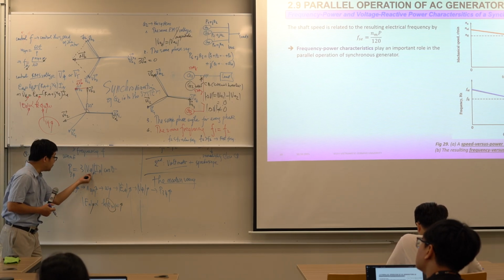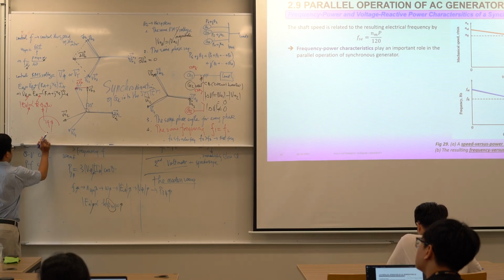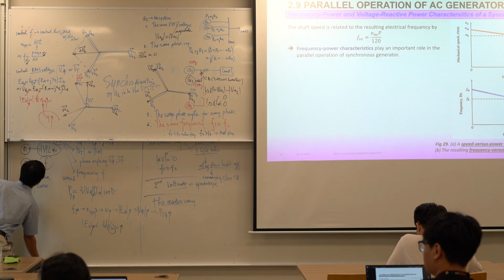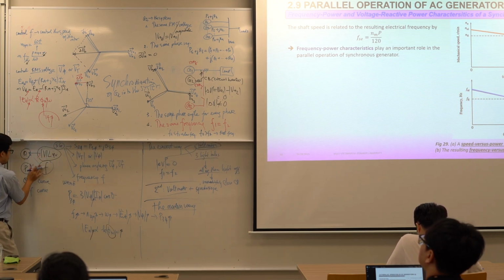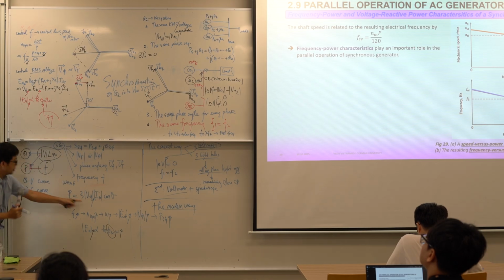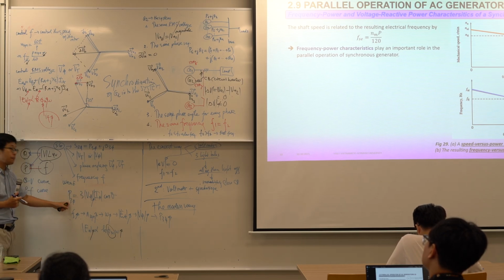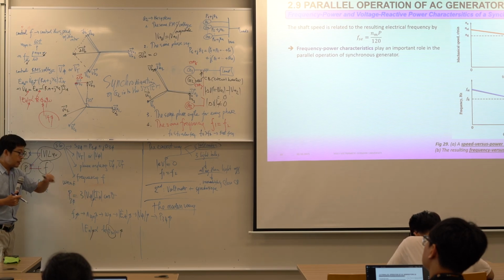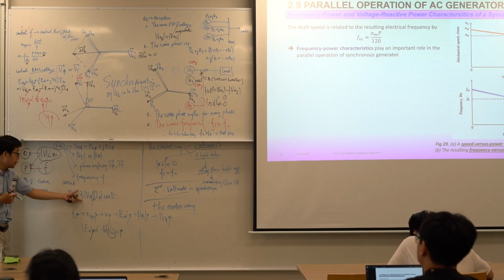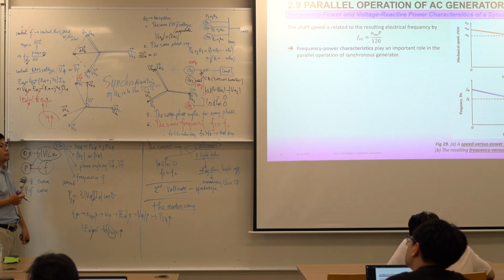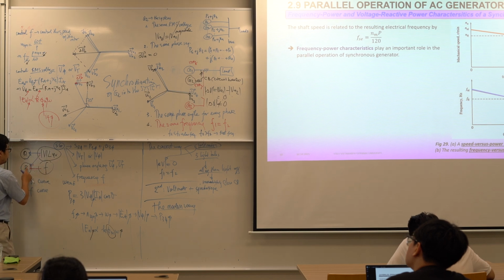Of course, when we increase V phase, we also increase P. But we would have to increase V phase larger and larger to get P. We don't want to increase V phase because it depends on the construction or materials of the winding. If we increase V phase more, the generators will be burned out. So that is the reason the relationship between P and V is weak.